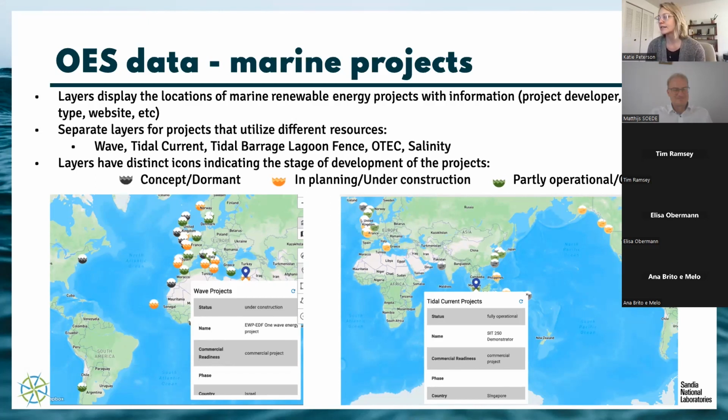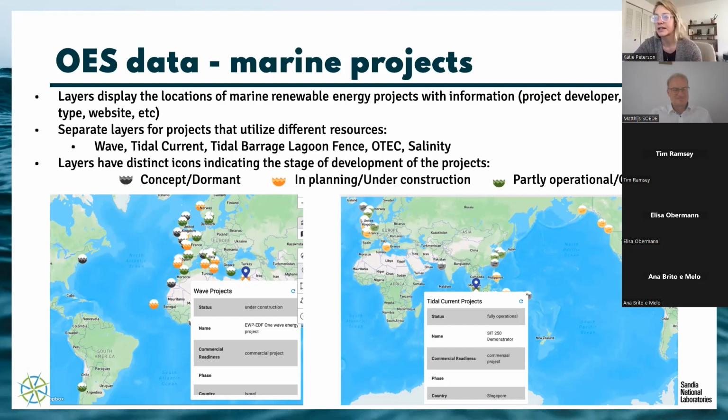And tidal projects, you can go to that layer and so on. And each of these layers for different resources have distinct icons to indicate what phase those projects are in. So we have concept or dormant projects that aren't quite off the ground or fully producing energy. We have in planning or under construction ones for where devices are on their way to being in the water or already in the water but not connected. And then partly operational and operational projects.